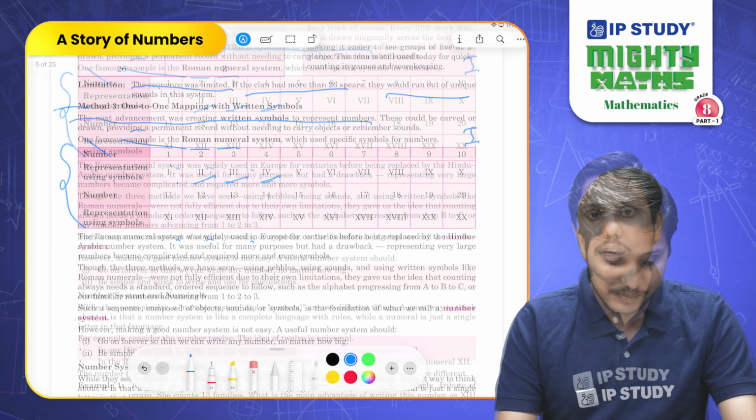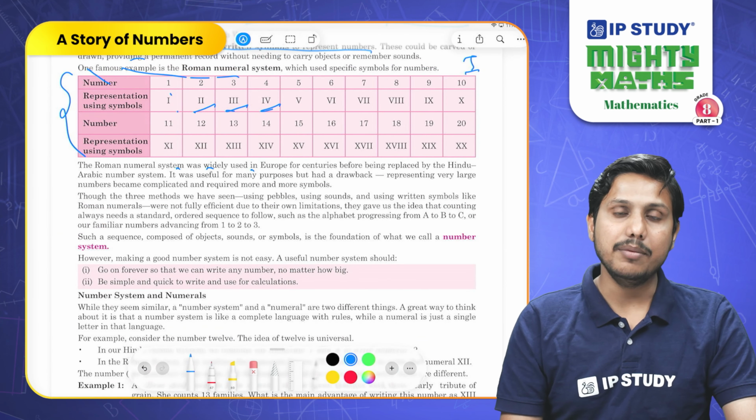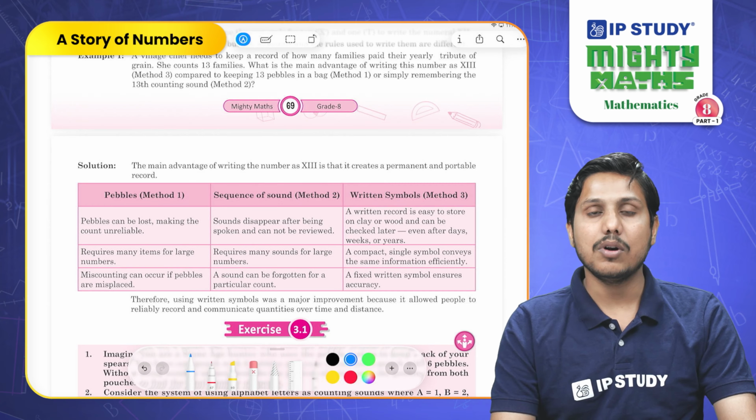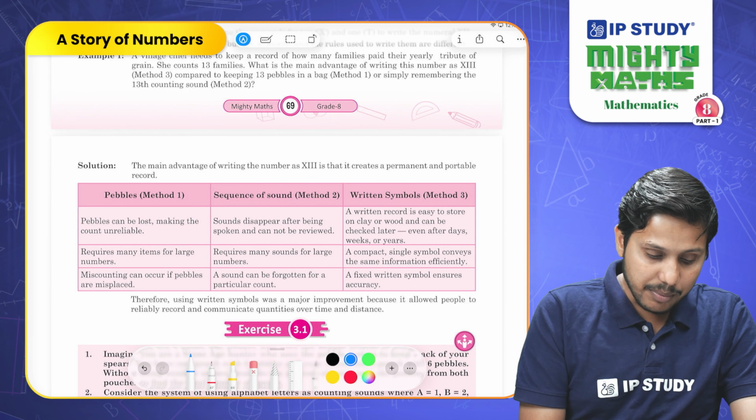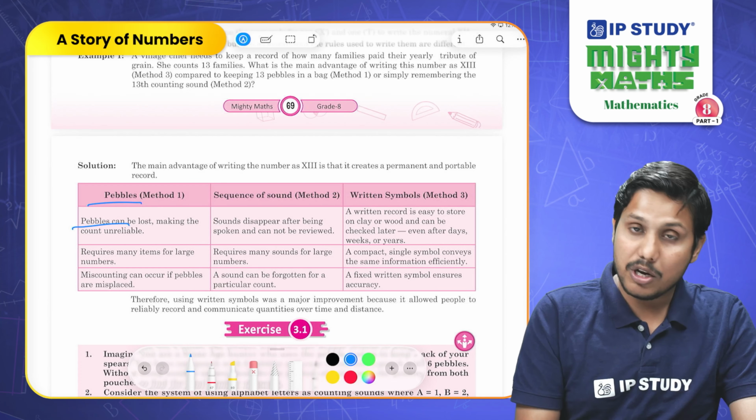Now, as we have seen, 3 different methods the human civilization went through at that time. One was the pebble method, one was sequence of sound, and one was written symbols. Let us see a quick glimpse of the difference between the 3. Pebbles can be lost, making it difficult to record or find out how many things we have.